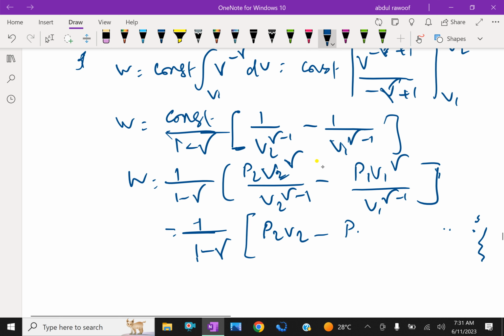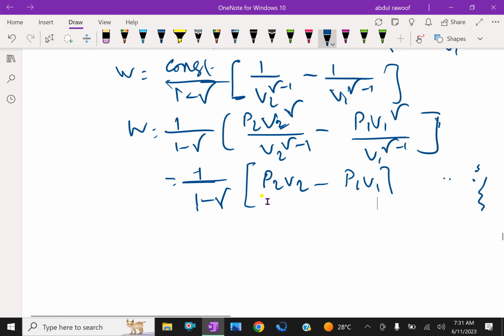This side is P1 V1. We know that P1 V1 equals mu RT by the gas law. Therefore, work done equals 1 over 1 minus gamma times P2 V2 minus P1 V1, which equals mu RT.